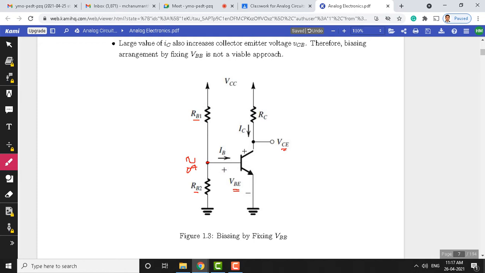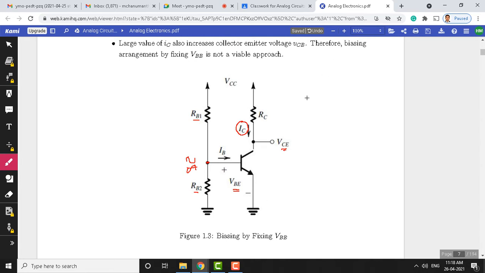So this is a scheme wherein the base emitter voltage is kept constant. But unfortunately, as we have shown in the last class, the collector current flowing in the collector resistor and the base emitter voltage VBE are related in an exponential way.